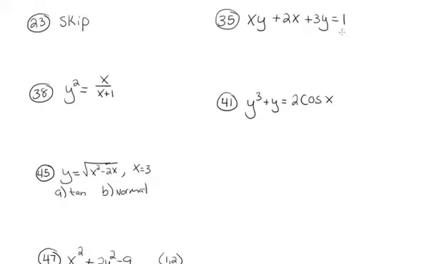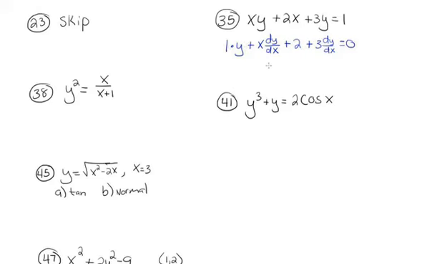I'll do the product rule, which gives me the derivative of x is 1 times the second one, plus the first times the derivative of the second, so dy dx. Plus, so we're done with that term. Derivative of 2x is 2. The derivative of 3y is going to be 3 dy dx, equals 0.